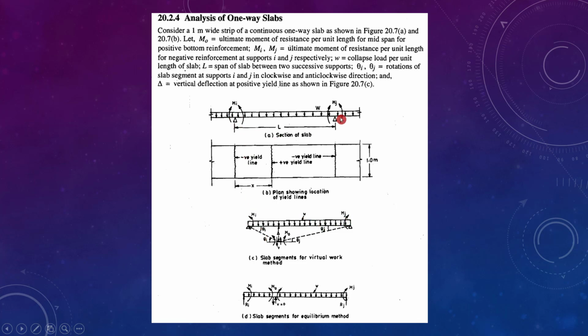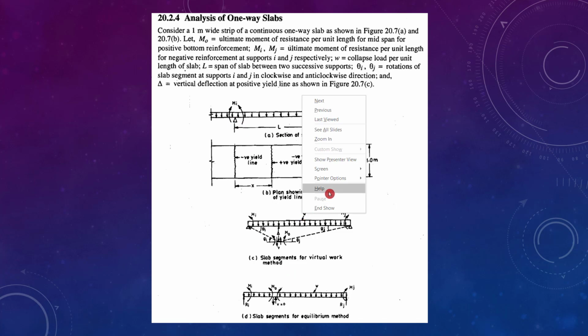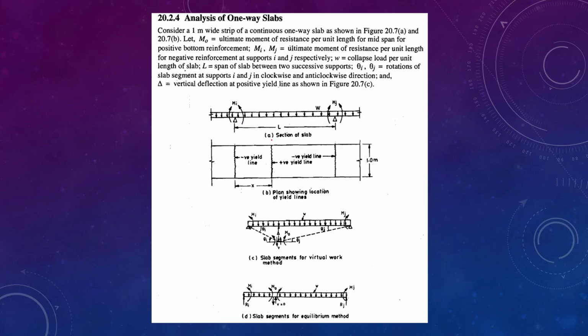So it will collapse like this. We are assuming that the slab collapses in this way, with the yielding of reinforcement happening at this rounded point.